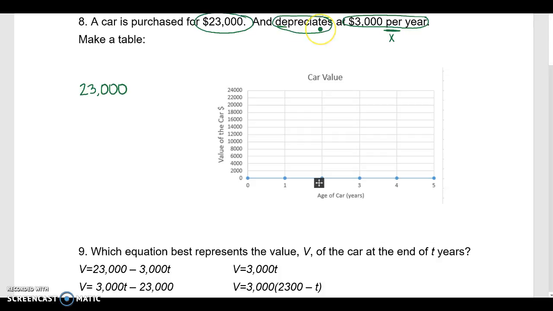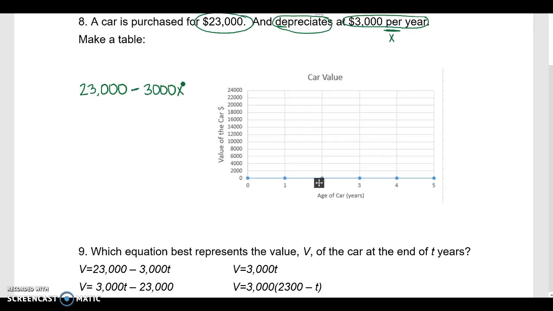So it depreciates. So are we adding the value to it or we're taking it away? That's right, we're taking it away, and it's $3,000 per year. So per we said is multiply, so times x.